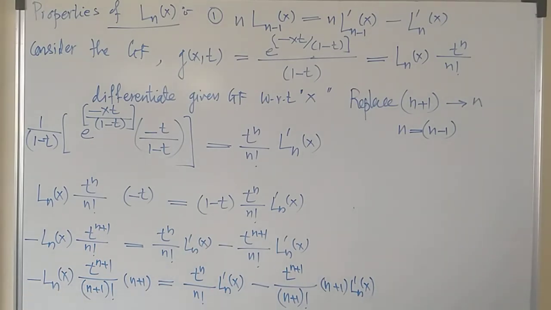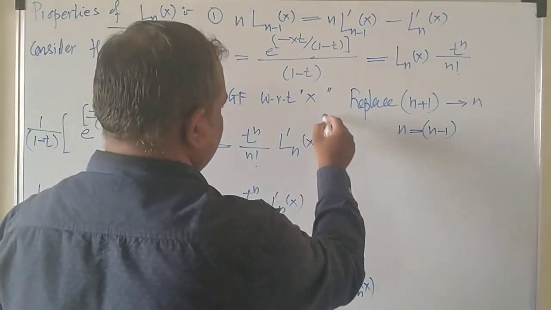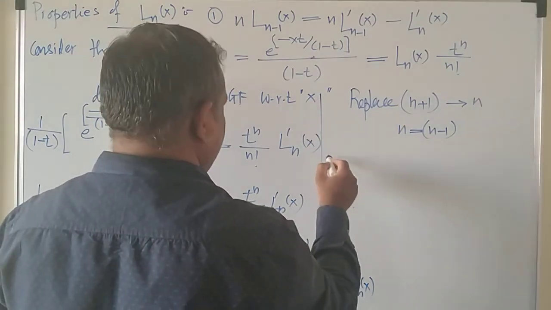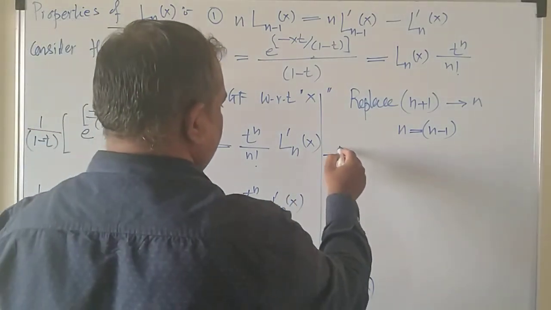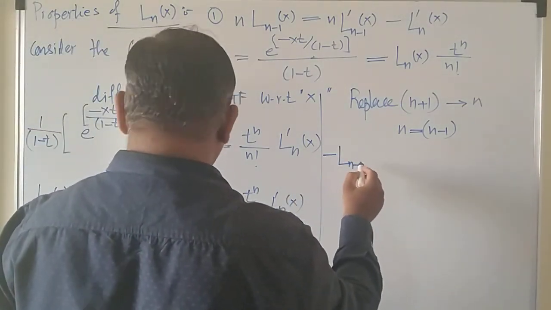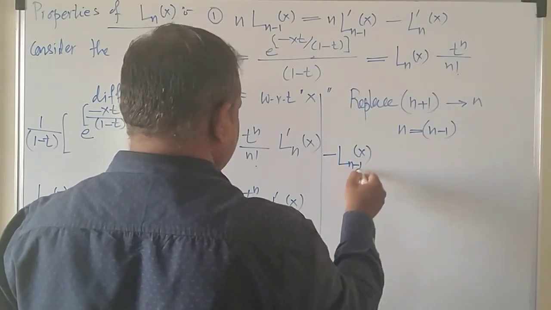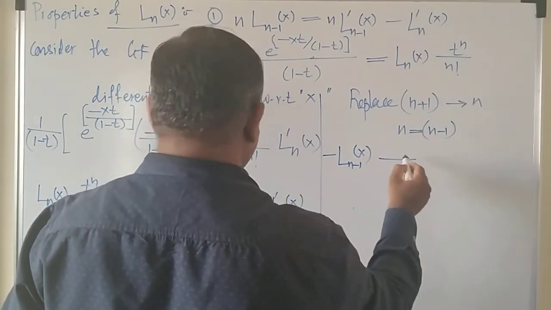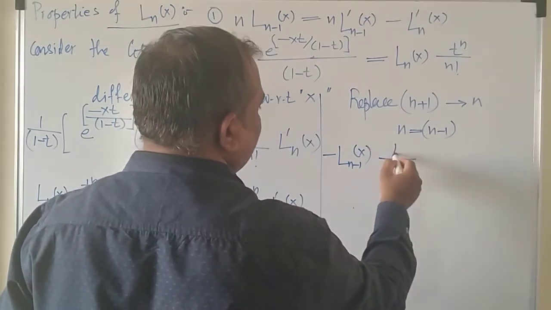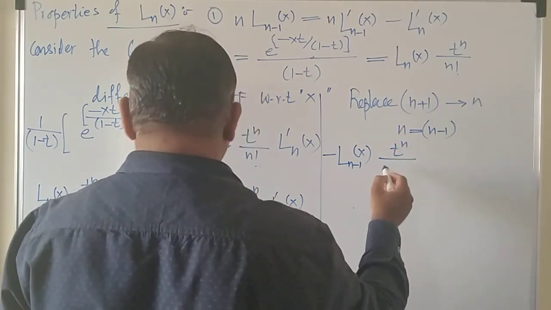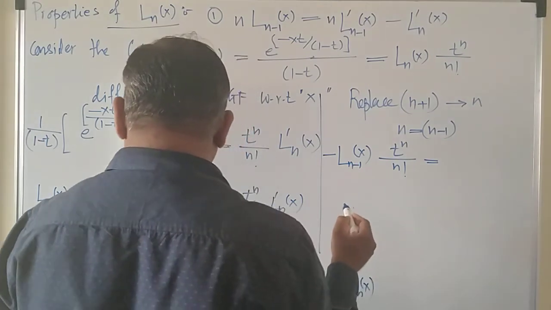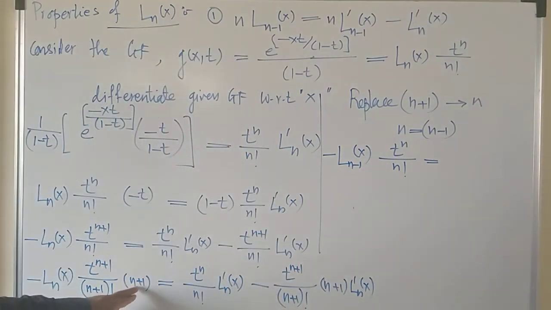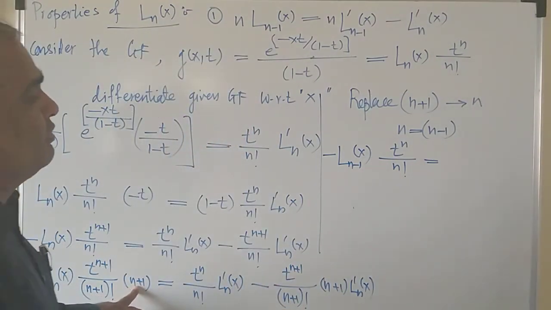If you do this, here you are having n plus 1, that means n must be replaced by n minus 1. So minus n L_{n-1}(x) t^{n+1} will be t^n upon n factorial, and this is equal to, n plus 1 is there, so that means n.